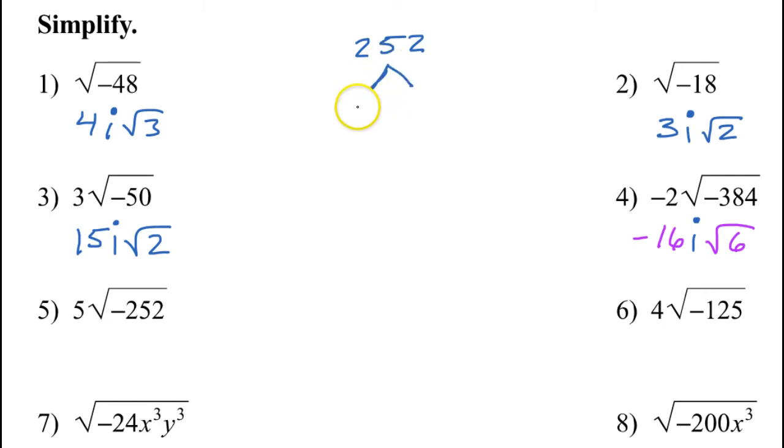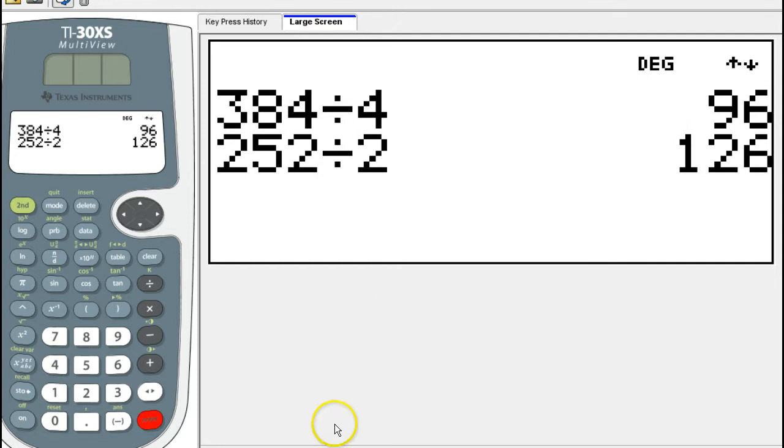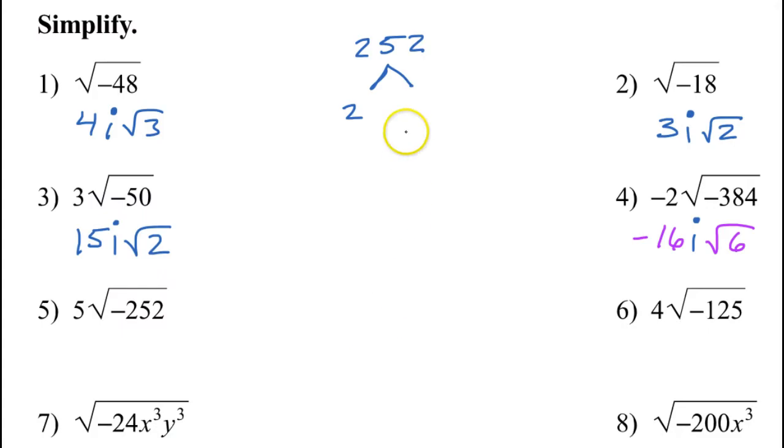This is definitely divisible by 2, so it'll definitely be 2 times something. 252 divided by 2 is 126, of course. So now I've got 126. This will again be divisible by 2. Alright, this is going to be 2 times 63.